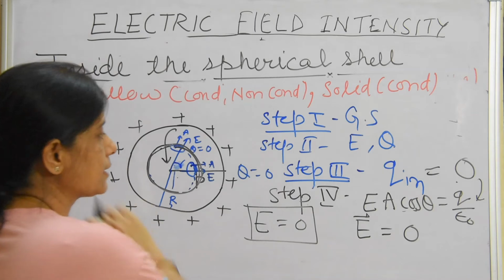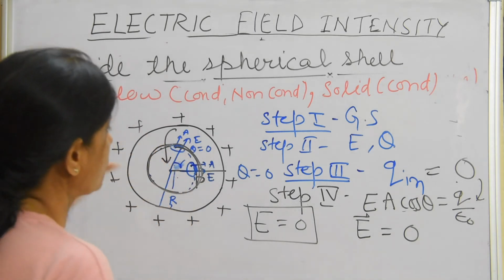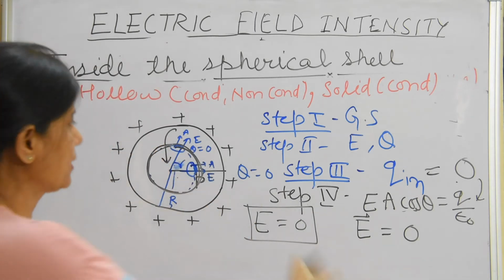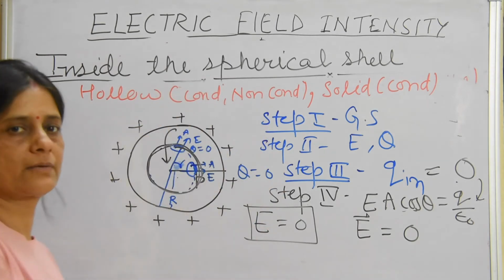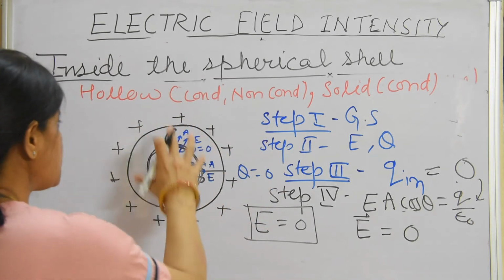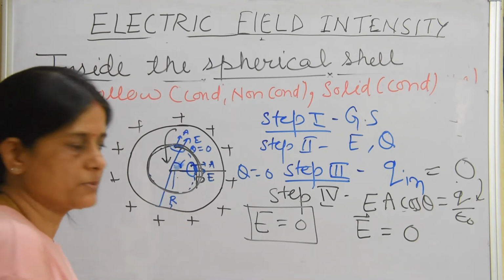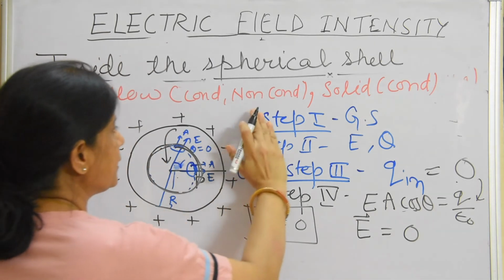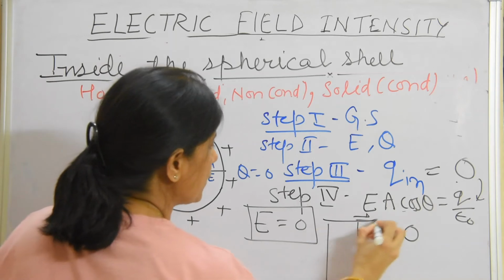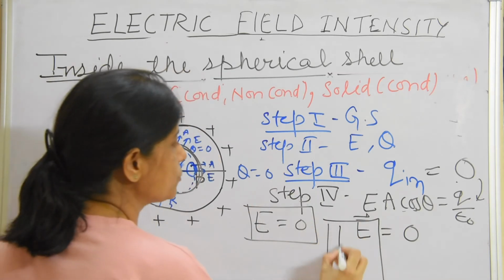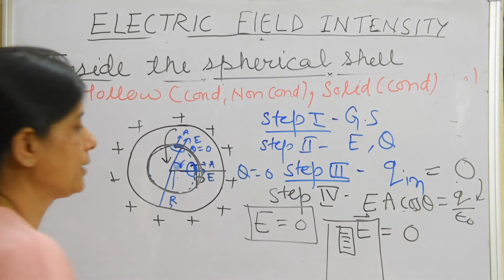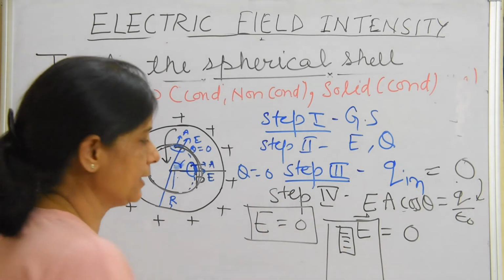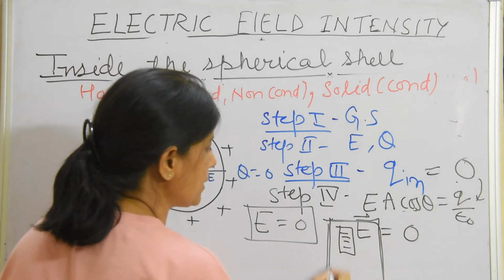Okay, so this is the case of electrostatic shielding, where when charges are lying outside and there is no electric field inside the shell. So you must have observed that when you are inside the lift, and if you have a mobile phone with you, and you don't receive signals inside the lift, what is the reason behind?